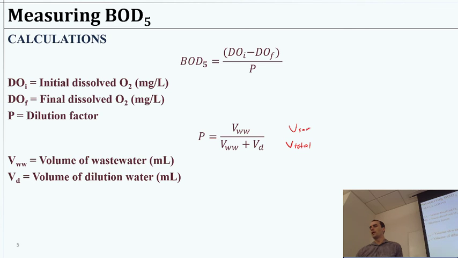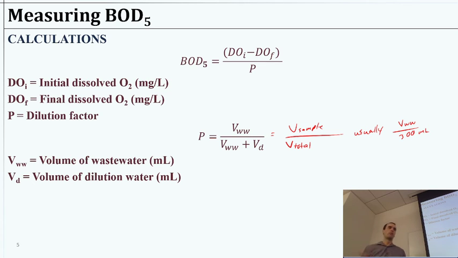So I'll say volume sample. You don't have to have a wastewater. It could be a river or a lake or something that you want to measure. So volume sample over the volume total is P, right? That's another way to phrase that. And so typically, that's going to be our volume of wastewater or whatever divided by 300 milliliters.